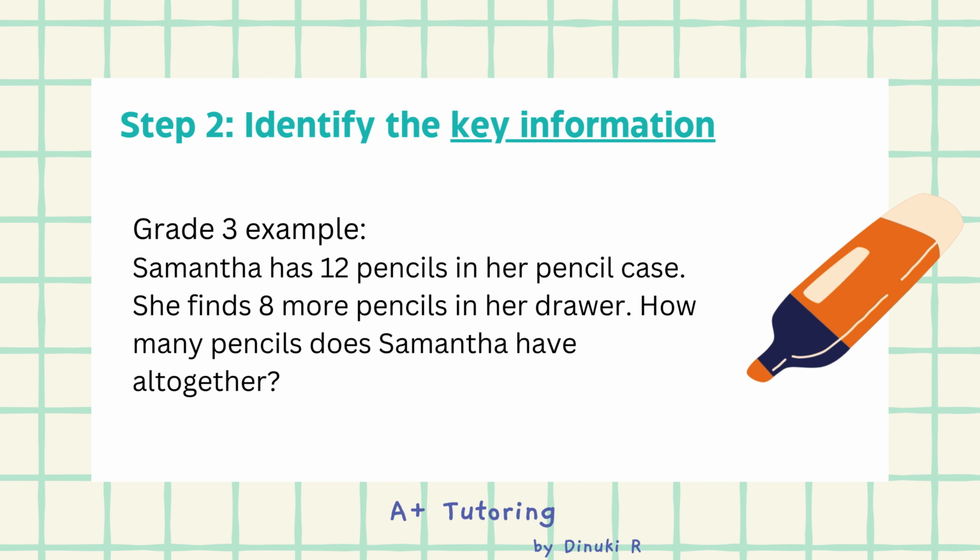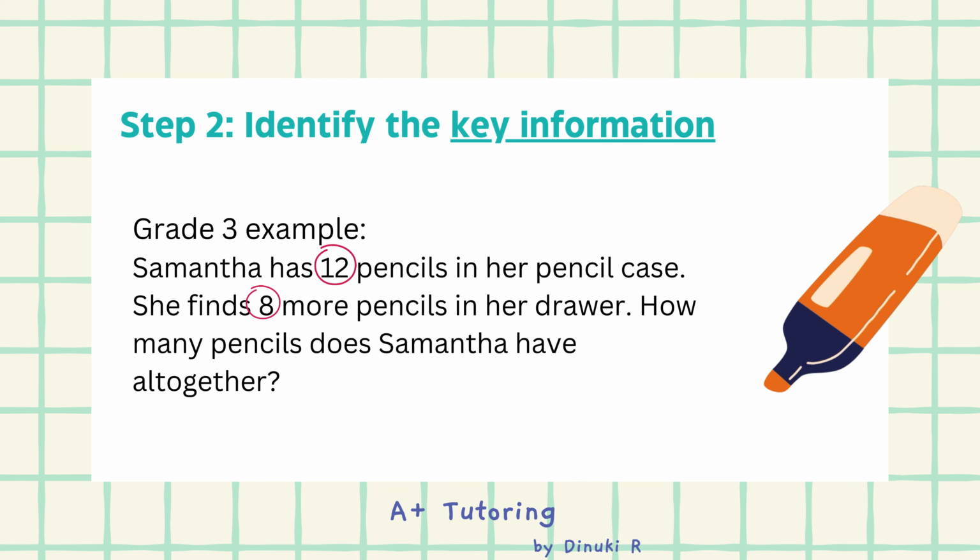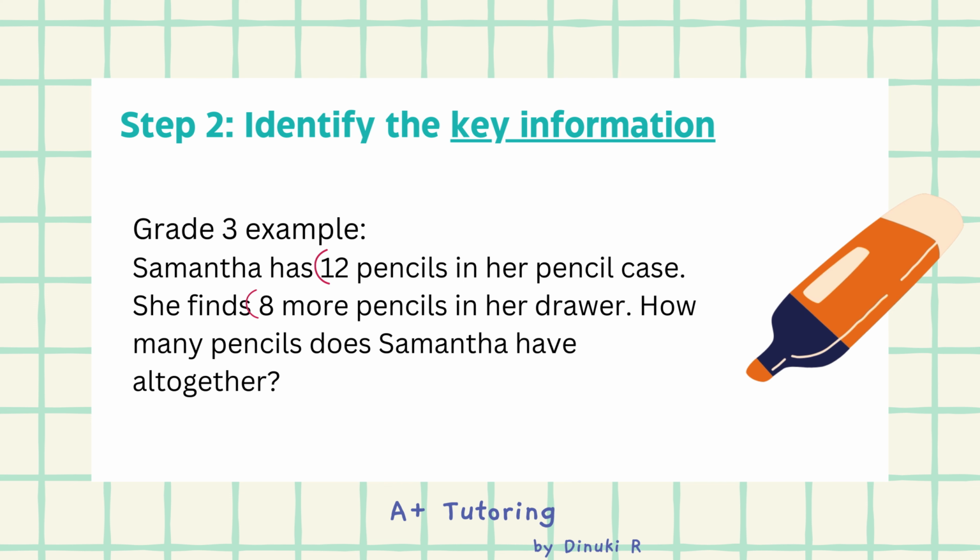Now, let's have a go at identifying the key information from the example before. When I read this question, some of the information that pops out to me are the numbers 8 and 12. It's important to ask ourselves what these numbers are representing. When we read the question, it's clear that we're talking about pencils.